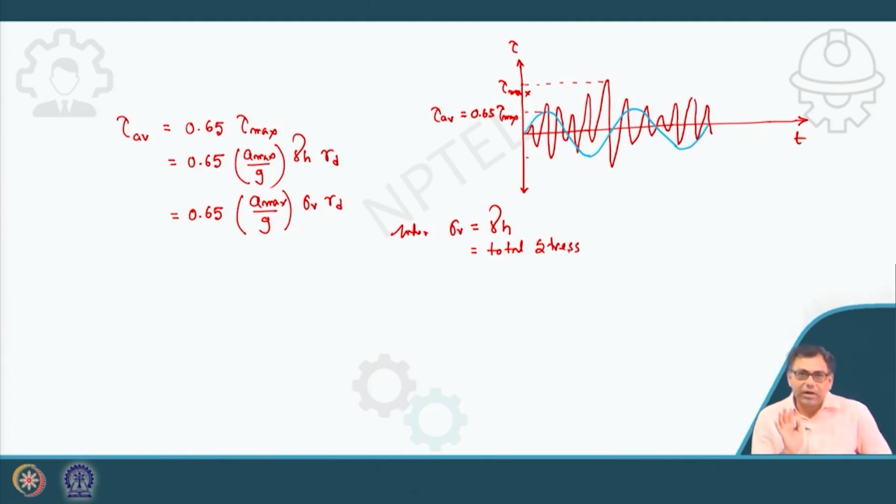Tau AV is the shear stress developed during an earthquake.